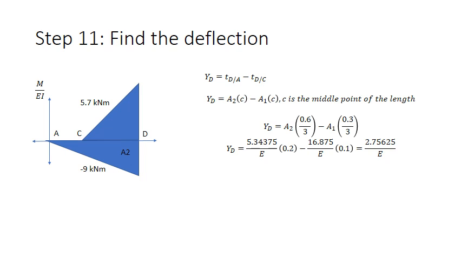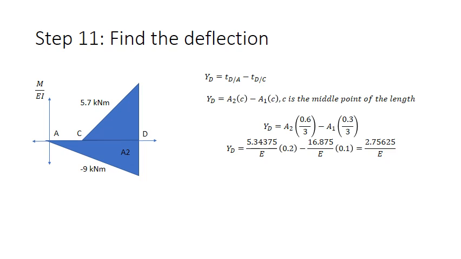So area 2 times C minus area 1 times C. So this C is the middle point of the length. Since this is a rectangular figure, the middle point will be a third of its length. So yD equals A2 times 0.6 divided by 3 minus A1 times 0.3 divided by 3.